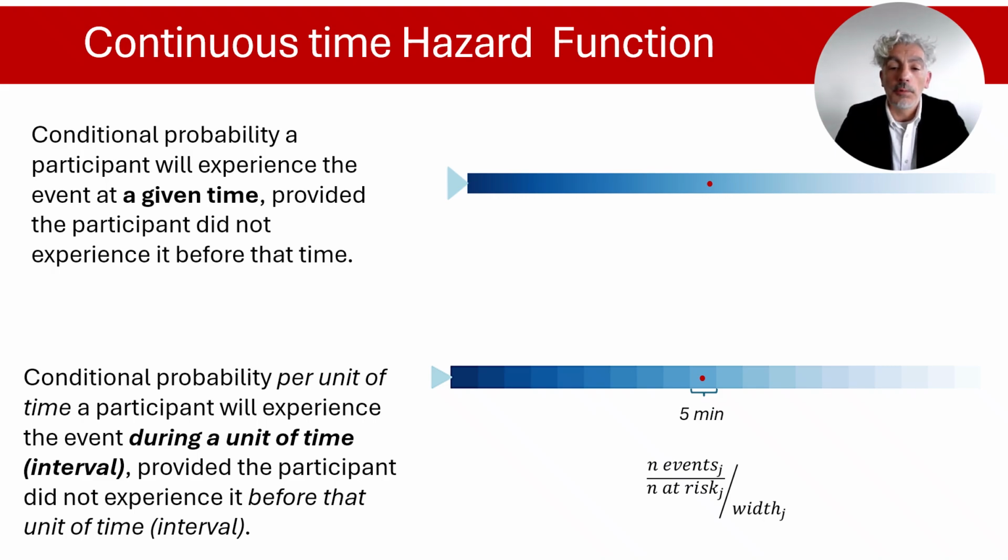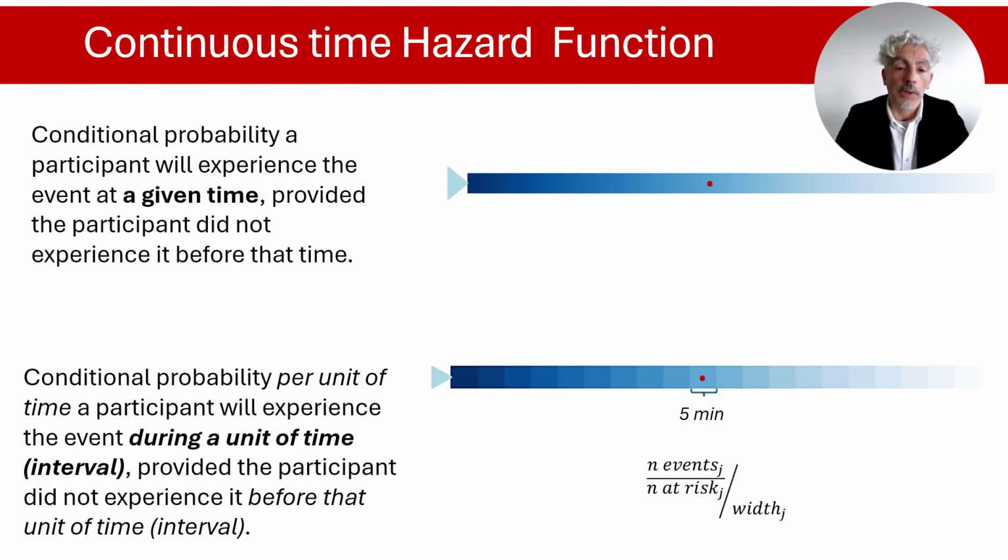But since we are considering probability of events within intervals, this probability will change with intervals of different width. So if we consider the probability of experiencing cravings for the first time within minutes, the probability will change when we consider intervals of 1 minute or intervals of 5 minutes.